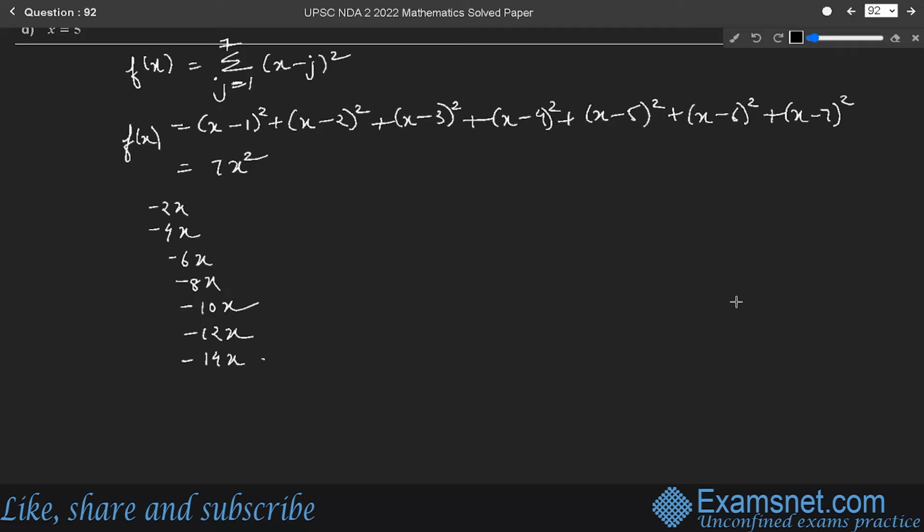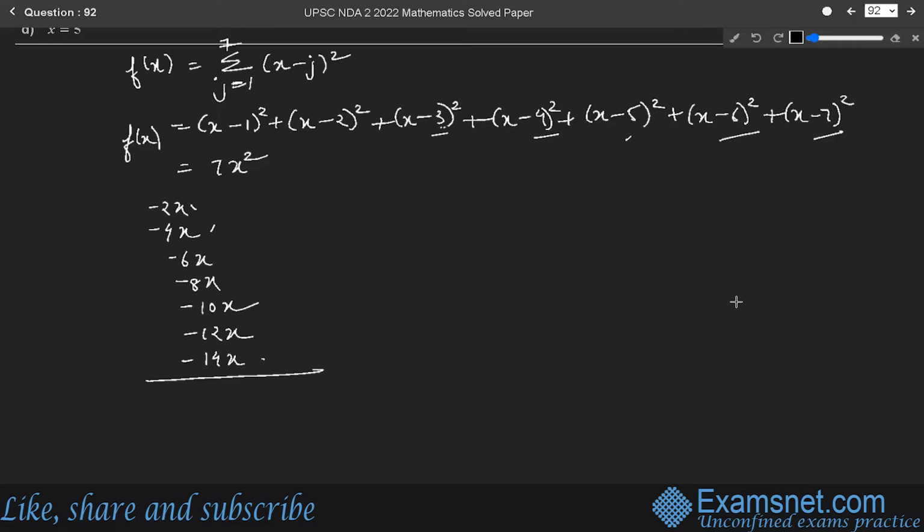We know that 7 into 2 is 14, 6 into 2 is 12, 5 into 2 is 10, 4 into 2 is 8, 3 into 2 is 6, 2 into 2 is 4 and 1 into 2 is 2. In this way we get all these terms. So let us add all these terms.